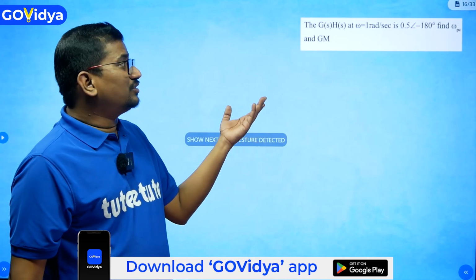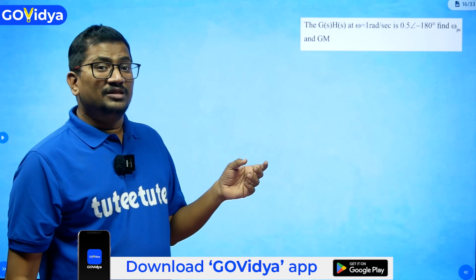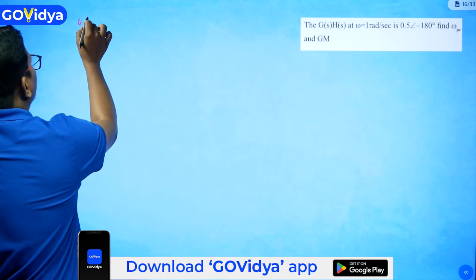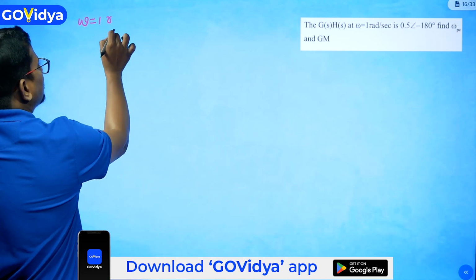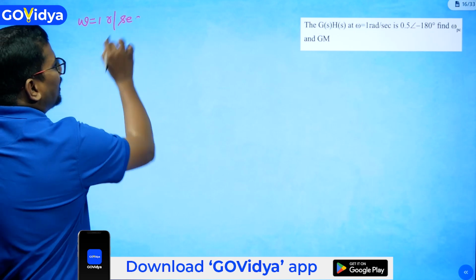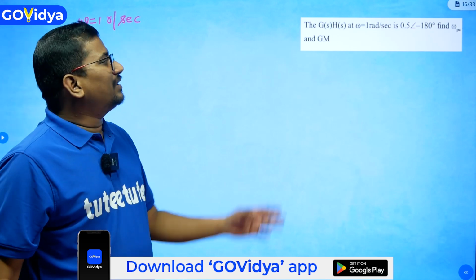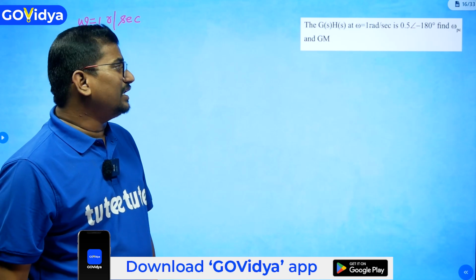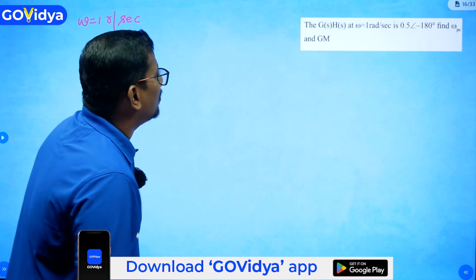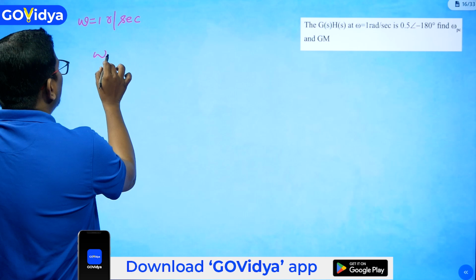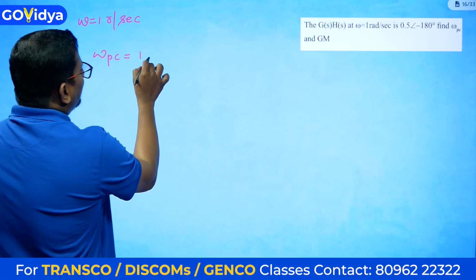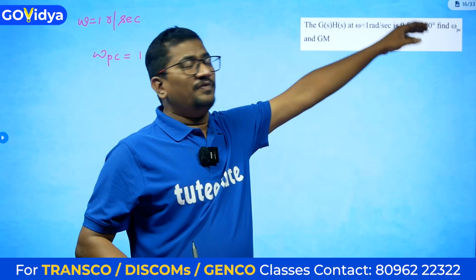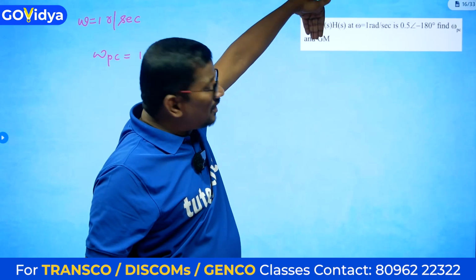Similarly, this is also the same model. Omega is equal to 1 radians per second, and they have given the magnitude at an angle of minus 180 degrees, and we need to find omega PC. They have directly given omega PC as 1 radians per second, because at phase crossover frequency only we calculate the gain margin.